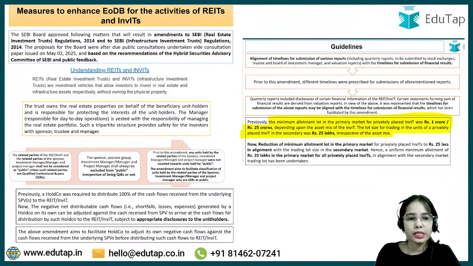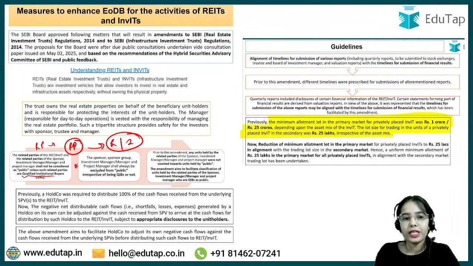Okay, so it was discussed that the related parties of the REIT and InvIT, the related parties of the sponsor, the investment manager or the manager, shall not be considered as public unless such related parties are qualified institutional buyers.